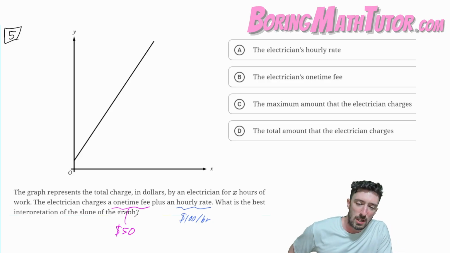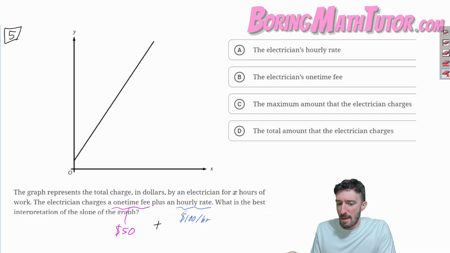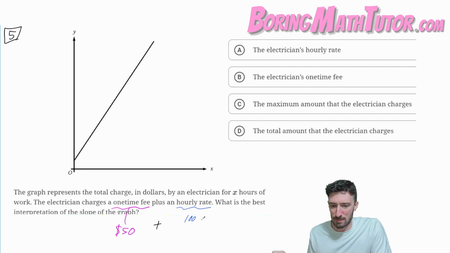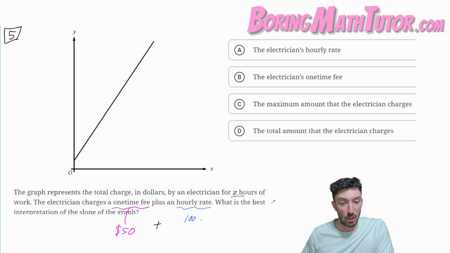Okay, so if we wanted to write an equation for how much he'd be charging us, it's going to be $50 plus 100 for each hour. So that means it's going to be 100 times the number of hours. Well, how many hours is he working? They told us.